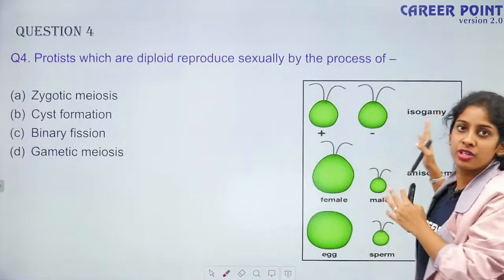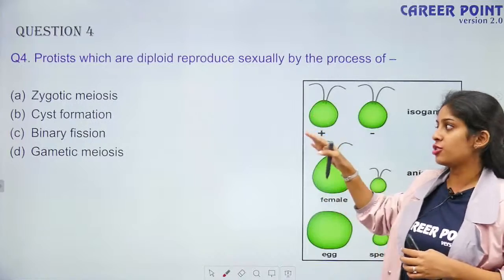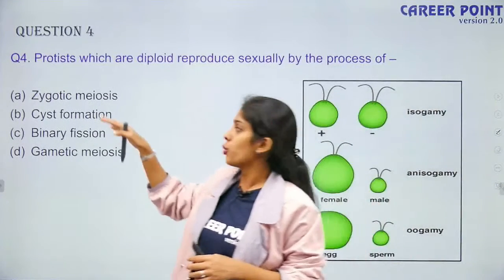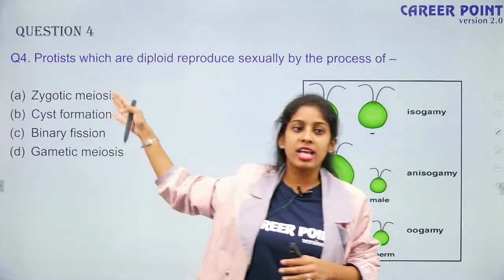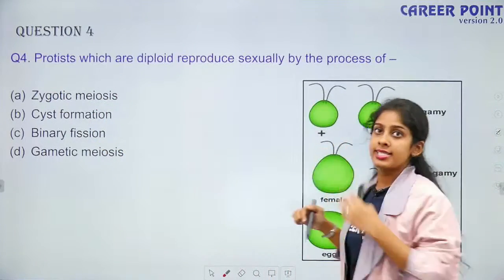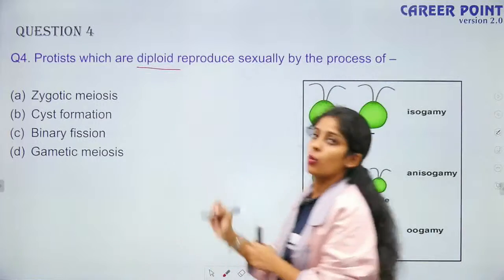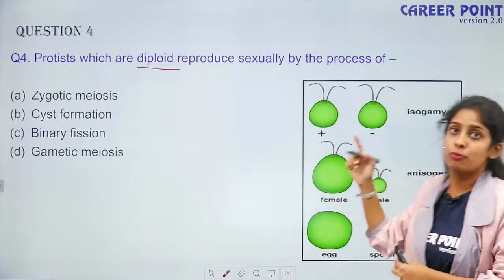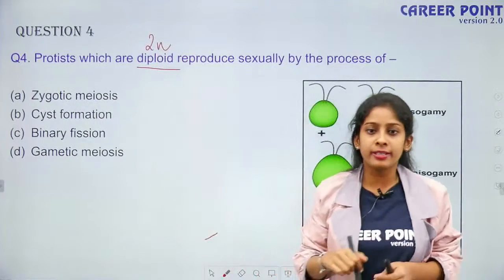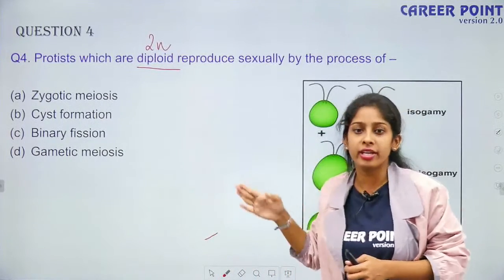You're talking about sexual reproduction, and binary fission does not fit here. And cyst formation also does not fit here. We spoke about zygotic meiosis and gametic meiosis, the 2 life cycles of your protists. But here they say when the main body of your protist is diploid, which means it is 2n, the answer should be no, it is not zygotic meiosis.